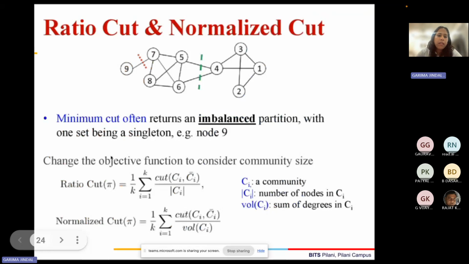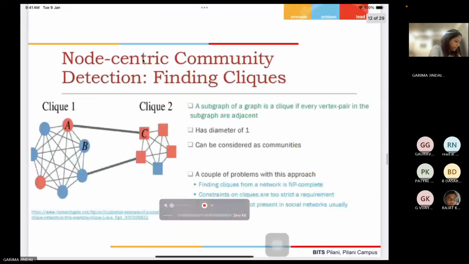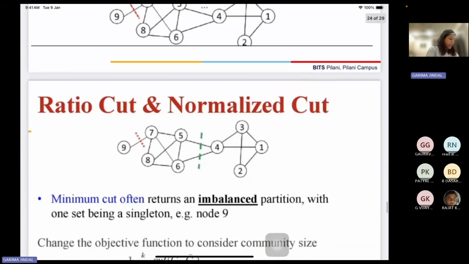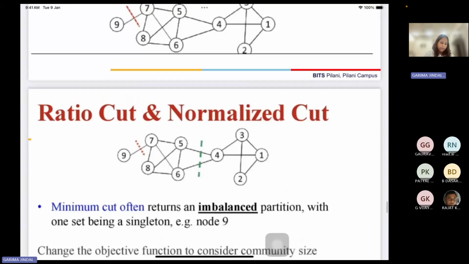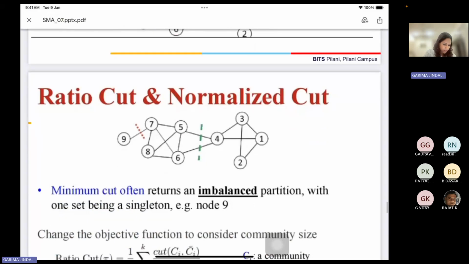Now when they were studying the concepts of cut, they discovered that maybe if I cut this particular edge, here I only have to cut one edge and I get two disjoint subsets.